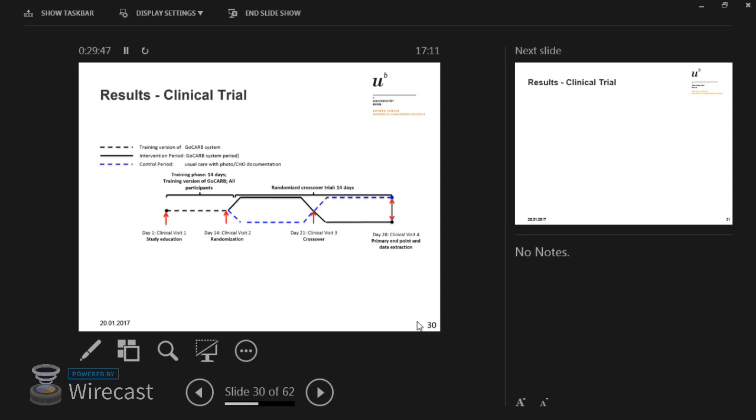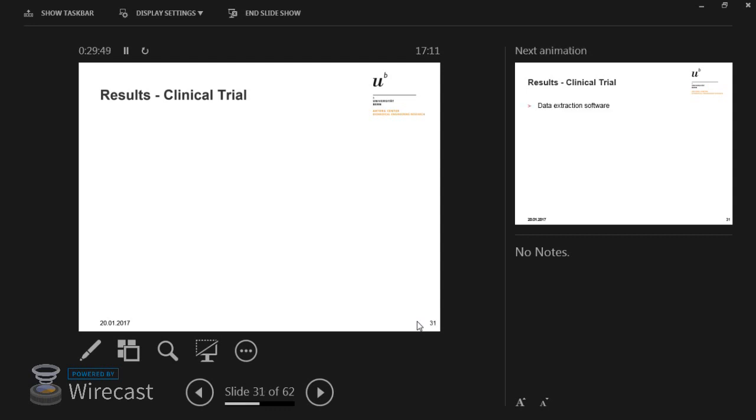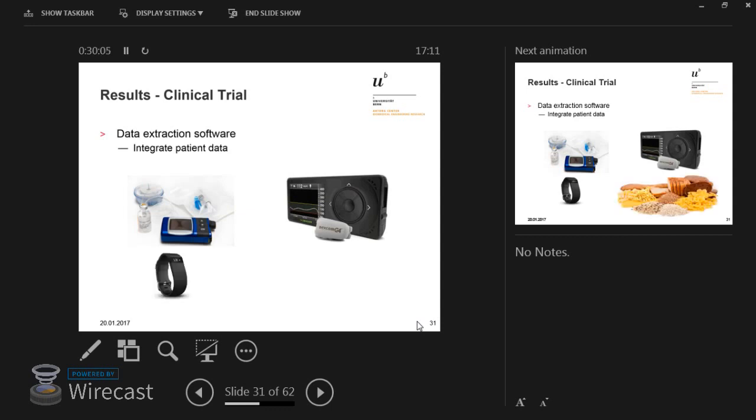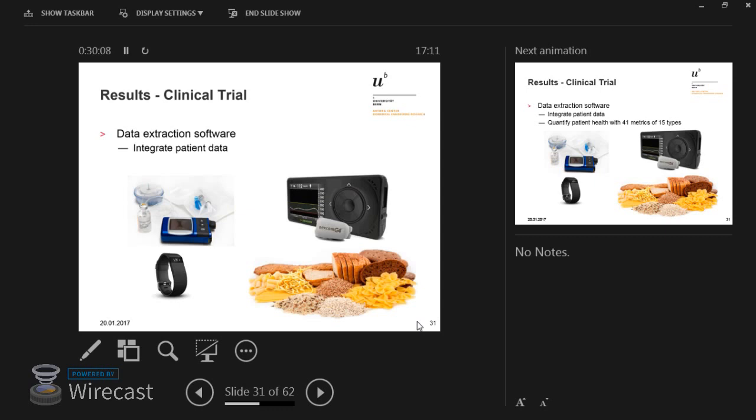and it took a total of 3 months the year before, and we analyzed this a little more recently in 2016 using data extraction software that we made here to not only integrate the patient data, that means the insulin pump, the CGM data, so the blood glucose monitors, the activity trackers, and the carbohydrate intake.